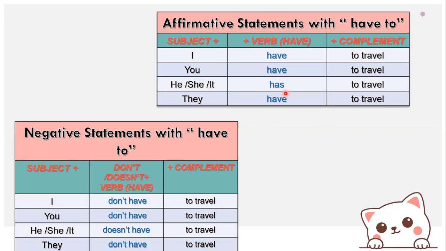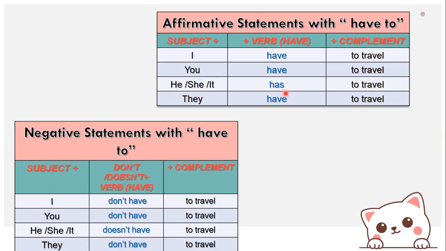Because in the third person pronoun in affirmative we have some changes. Recordando que nosotros en el presente simple, en afirmativo, tenemos algunos cambios en los verbos. And this is one of the changes with the verb have. Que en vez de poner have, lo cambiamos a has, con he, she, or it, or depending if you're using a noun. Dependiendo si ustedes están utilizando un sustantivo propio or something like that, right?